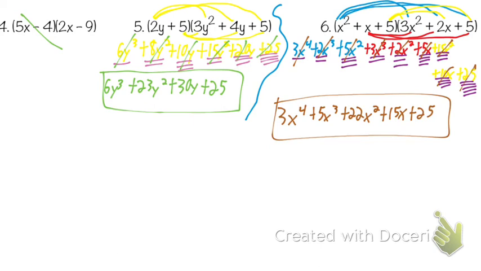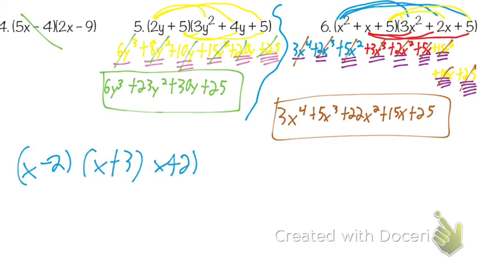Questions on that? Now you might be wondering, especially when we get to our homework, guys, there's going to be a problem where it's going to have something like this, with three binomials. What was that, Eli? Just do an order.